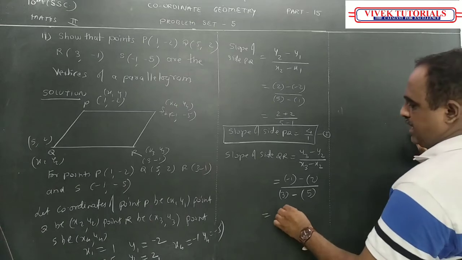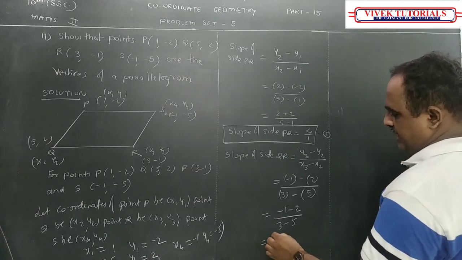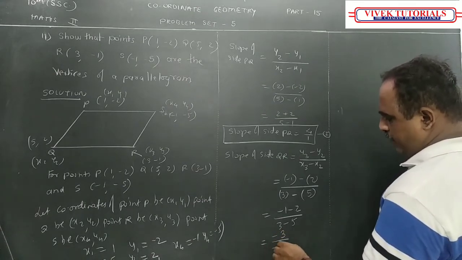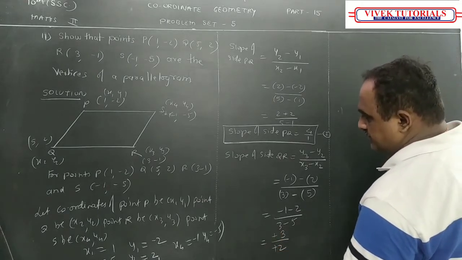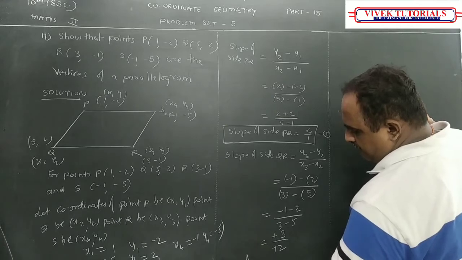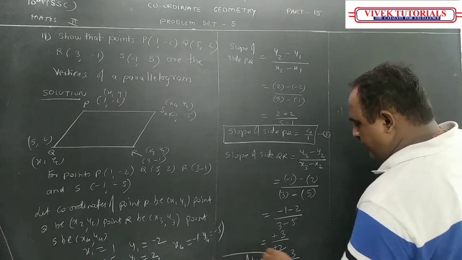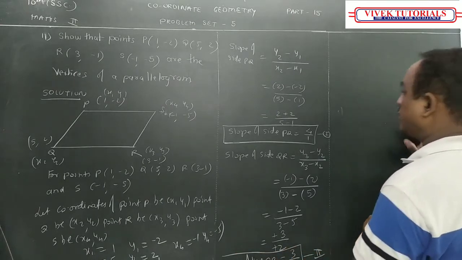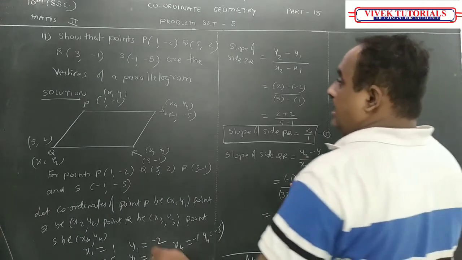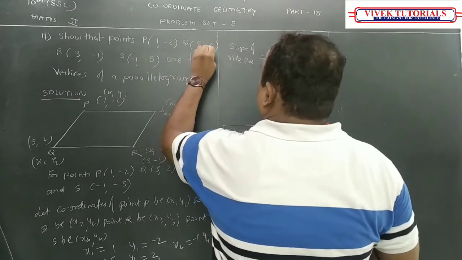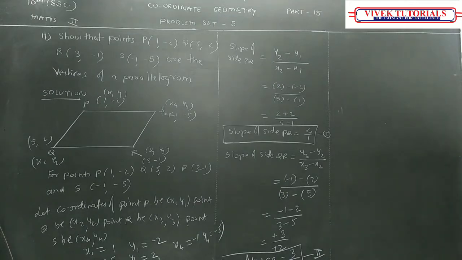So what you are getting is minus 1 minus 2 upon 3 minus 5. So we are getting minus 3 upon minus 2. So the slope of the line QR is equal to 3 upon 2, equation number 2. Okay, let me check it once again. y3 is minus 1 minus 2 upon 3 minus 5. Now we'll go for the next.